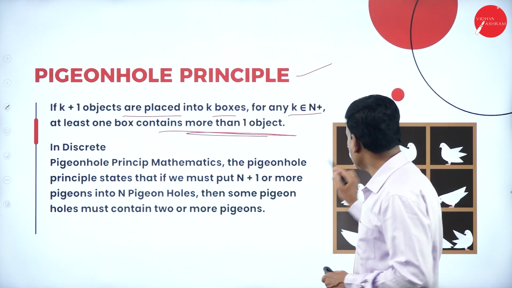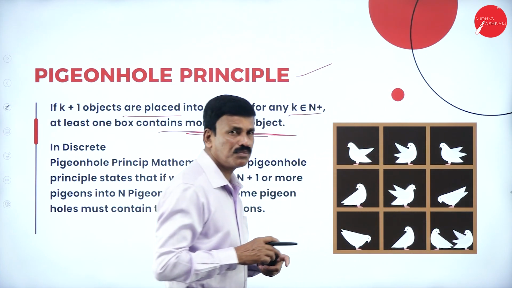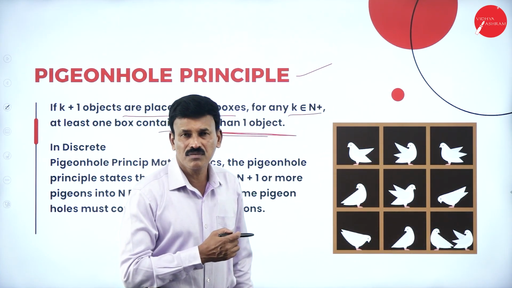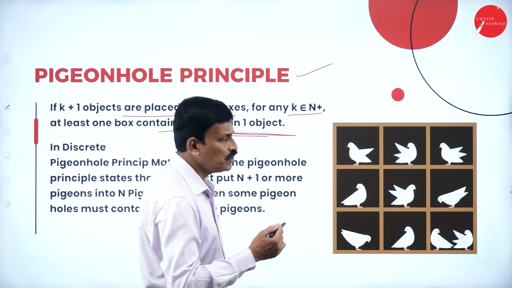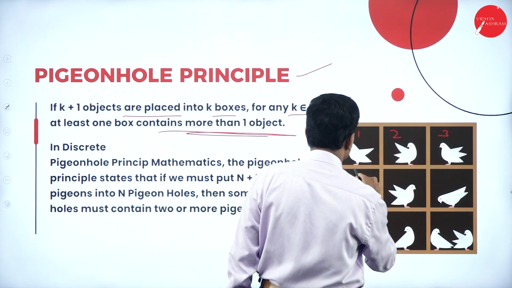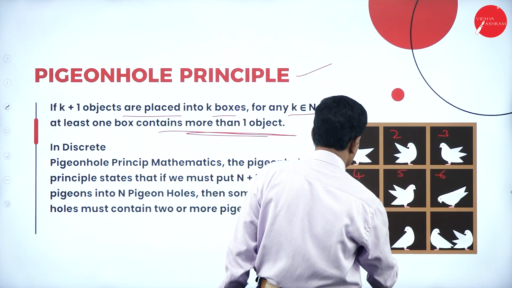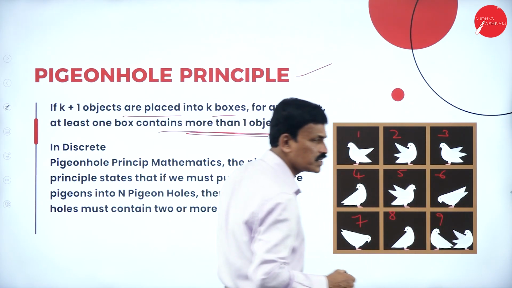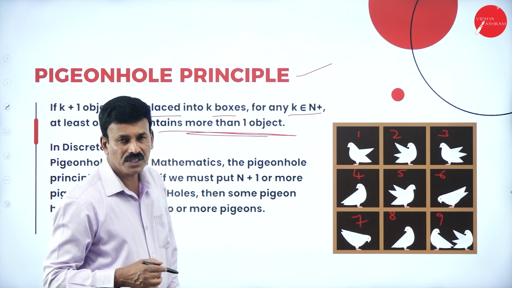Let us consider this itself as an example. Let us see in this diagram how many holes we have. We have 1, 2, 3, 4, 5, 6, 7, 8, 9 holes. In this box we have 9 holes.